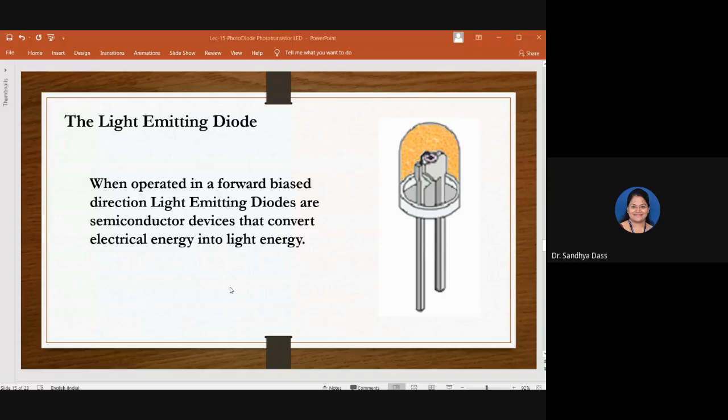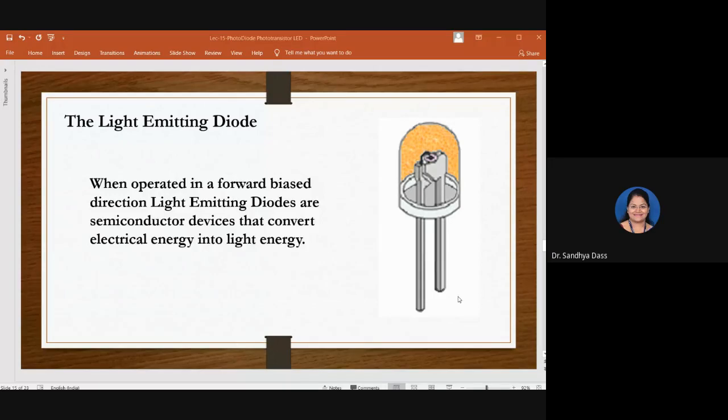LEDs are made from a very thin layer of fairly heavily doped semiconductor material, and depending on the semiconductor material used and the amount of doping, when forward biased, an LED will emit colored light at a particular spectral wavelength.